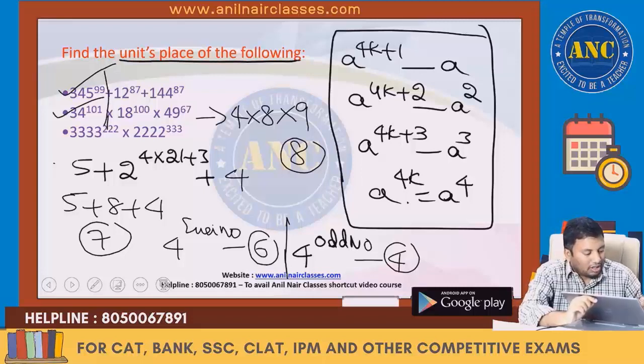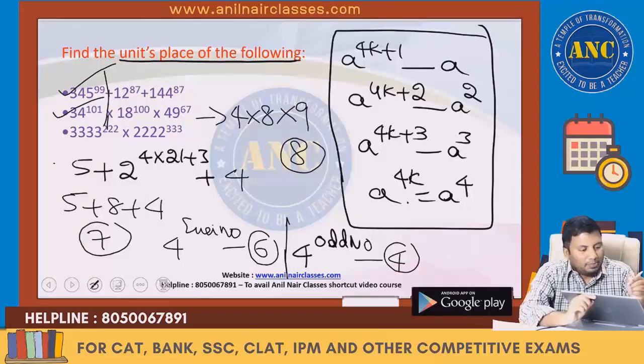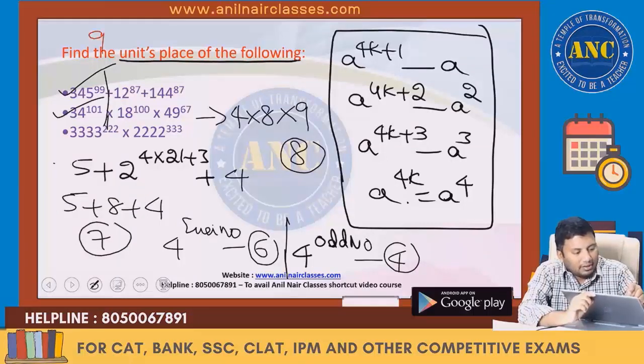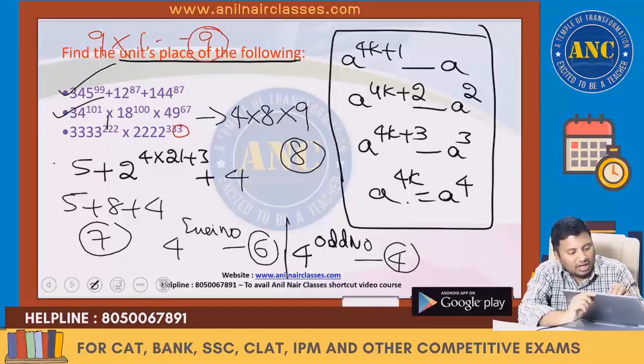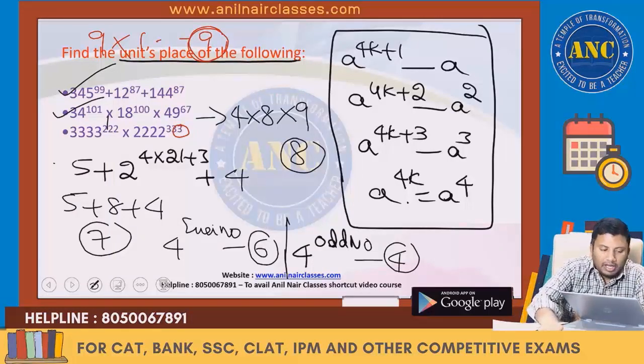I hope you are all there with me. We have done enough examples of this approach. 3 power 22, 3 square. 3 square is 9. 2 power a power 4k plus 1, 33, 1. 9 1s are 9. Right? I hope it is clear.